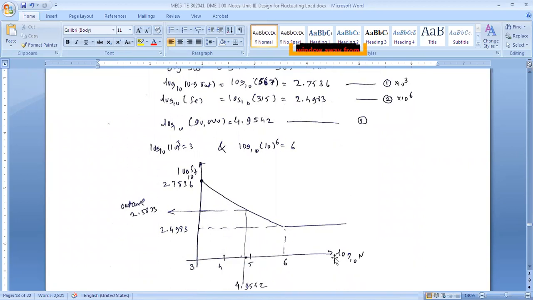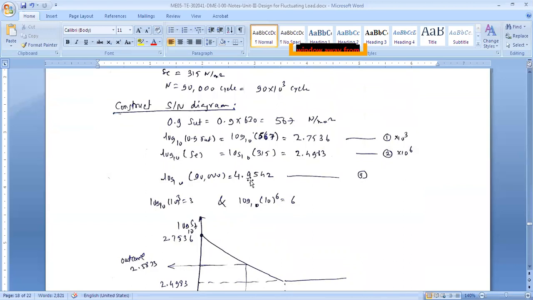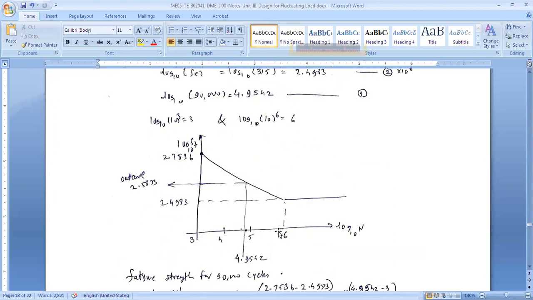So we don't need to worry about 10 raised to 7, 10 raised to 8. Anything beyond 10 raised to 6, that means beyond 10 lakh cycles, is infinite life. So stress 200, 250, 300, infinite life. Stress 315, infinite life. Stress 314, it will start having a finite life, number less than 10 raised to 6 cycles.